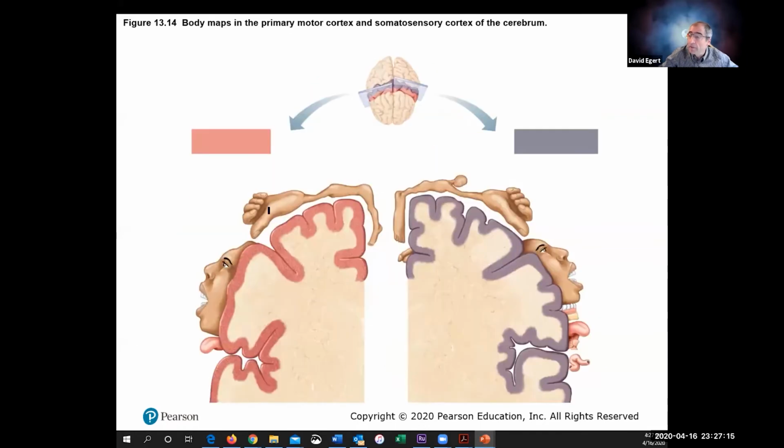We talked about the homunculus, this mapping of the body onto the sensory and motor cortex. We also talked about there's mapping of frequency in the temporal lobe and the auditory cortex, where higher frequencies are one place, and as you go along, it's then lower and lower frequencies. Or visual space is mapped into the visual cortex, where there's kind of this correspondence between things in your visual world and how they're represented on your cortex.